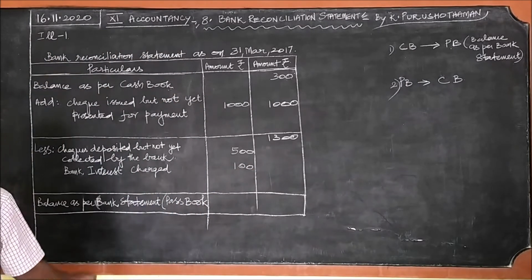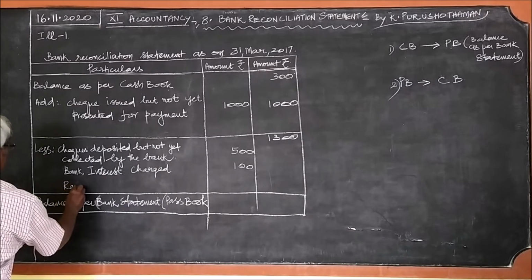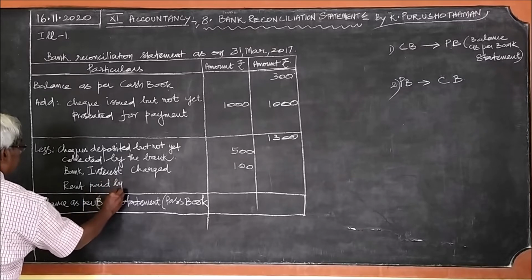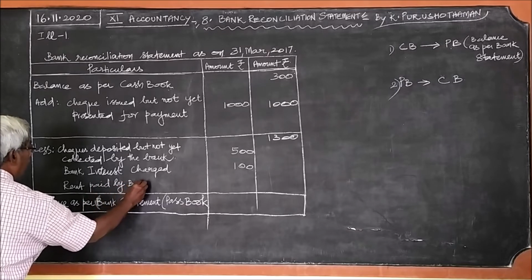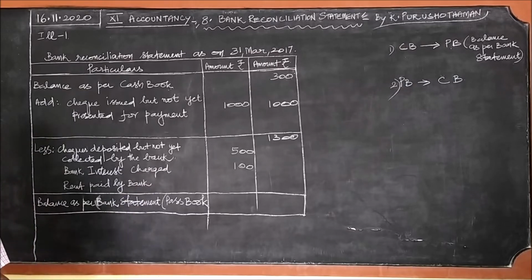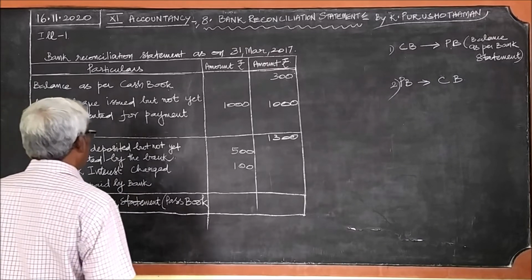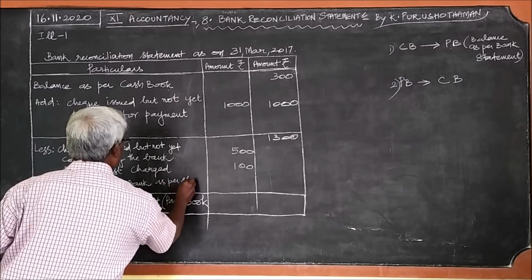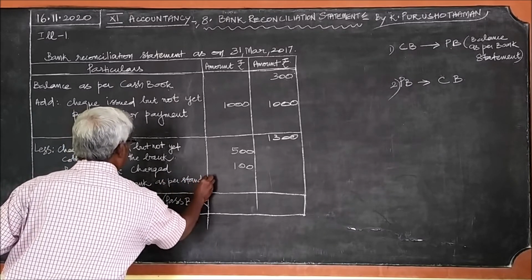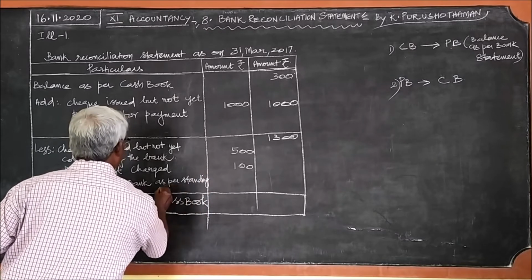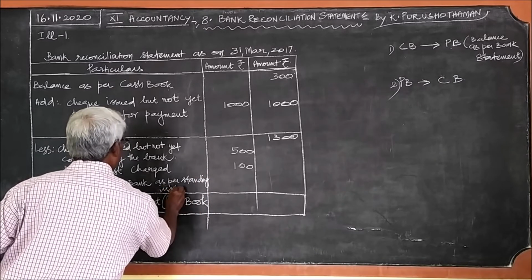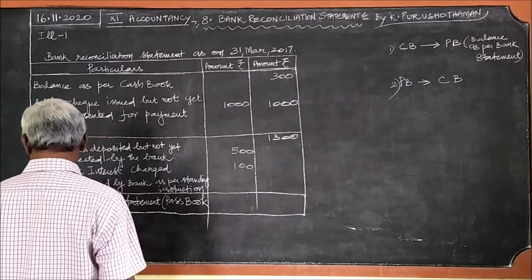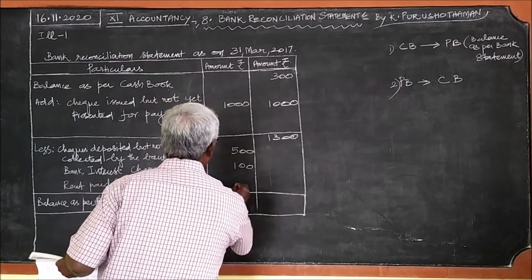Rent paid by bank as per standing instruction, the amount is 200.